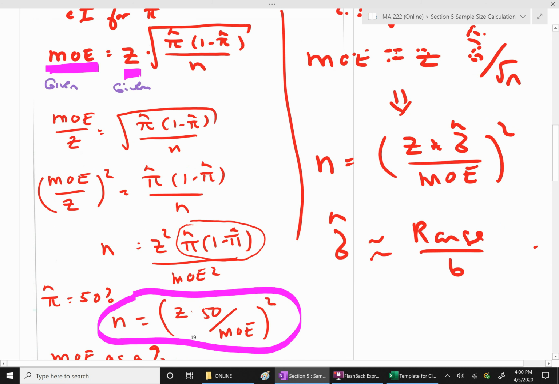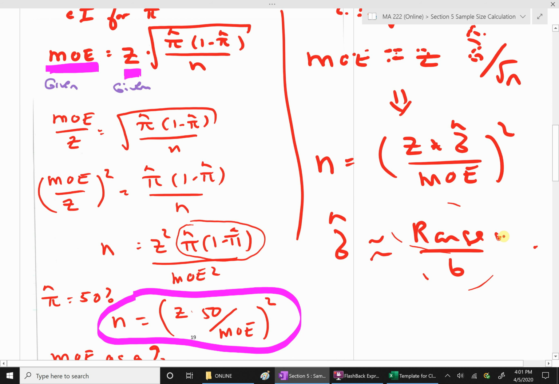Now, when you think about it, where does this rule come from? It basically comes from the empirical rule, right? A window of 6 standard deviations for a nice symmetric distribution contains 99.7% of the data values, which is roughly the range. So if we can estimate the range, divide it by 6, we can estimate the sample standard deviation.